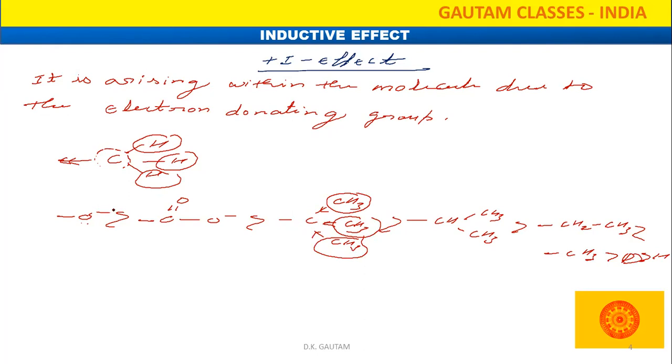That is why it has a higher tendency to donate the electron. The negative charge has a tendency to participate in conjugation, but this lone pair electron is free, so it has a tendency to donate. Those are the electron deficient centers. That is why it also acts as the plus I effect.